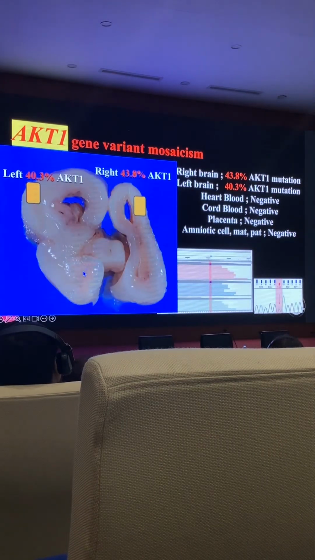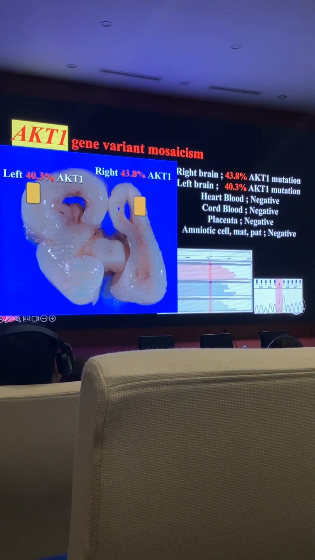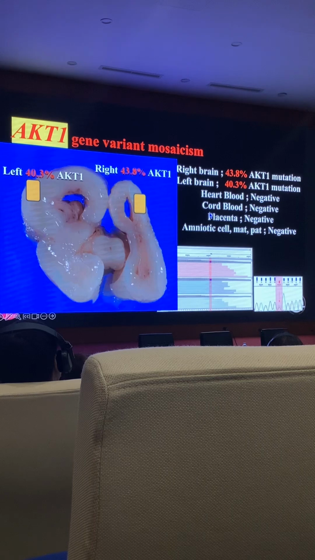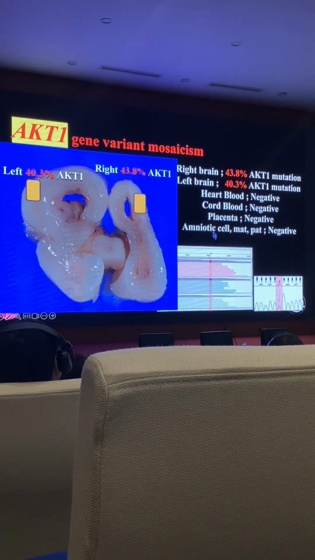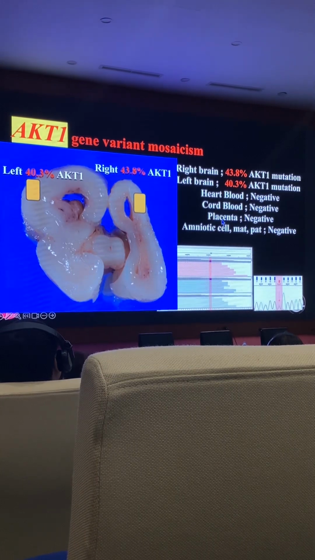Now what we did was to take out the brain tissue from the left and right, and also we took heart blood and cord blood and placenta, and the amniotic cells and maternal and paternal blood, and those are all negative.